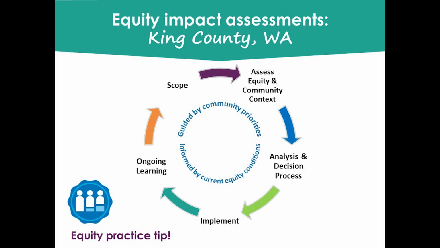Other localities, including Portland, Oregon, and Madison, Wisconsin, have adopted guidance to help their agencies incorporate equity considerations into their day-to-day decision-making. Madison has developed a tool to comprehensively analyze the equity impacts of city policies, plans, programs, and budgets. Madison has also created a process guide and an equitable hiring tool.